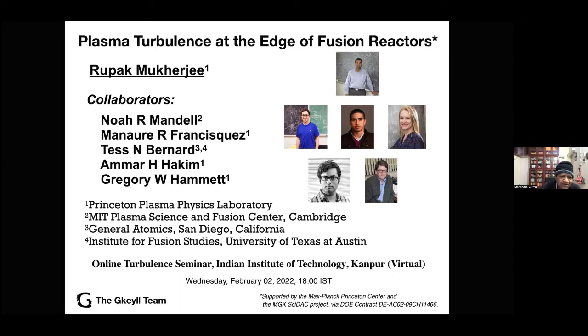Rupak did his PhD from the Institute for Plasma Research, IPR, and then he moved to Princeton, PPL, and he's working on plasma-related simulations, and he has developed interesting codes for GPUs and so on. So he has skills in physics as well as in computing. So he's going to tell us about his work today. So Rupak, please take over.